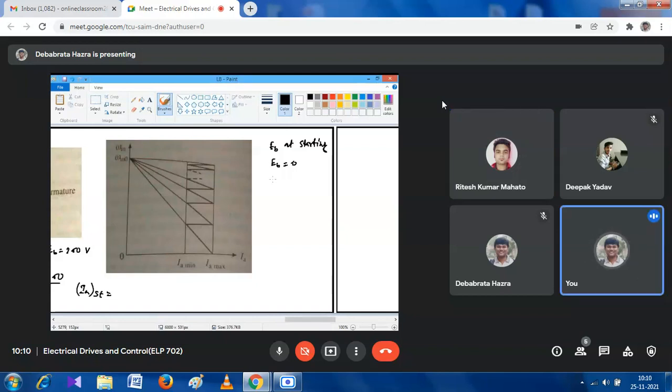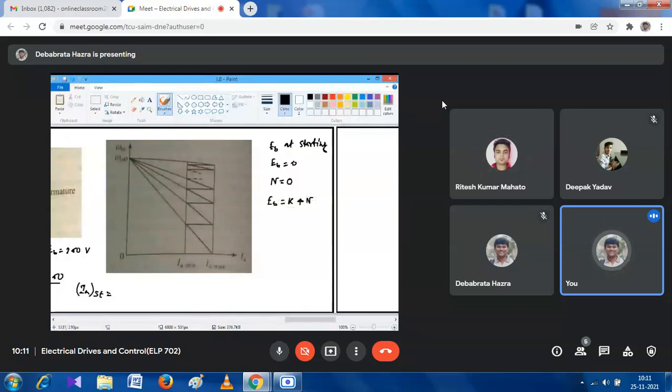So the value of N should be zero. So at that time EB should be zero, because the expression of EB is equal to constant, phi into N. If the value of N is zero, then we can write EB is equal to zero.